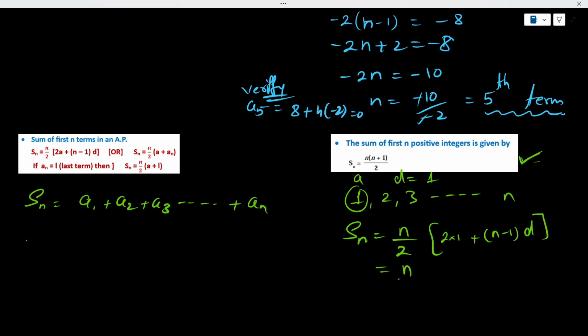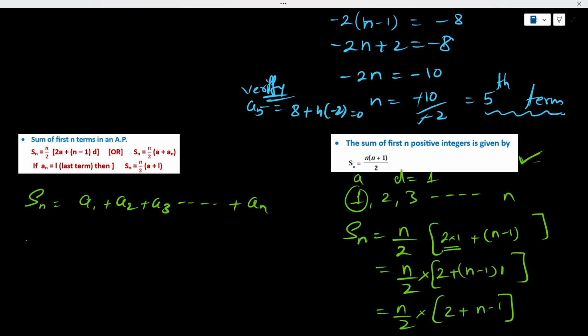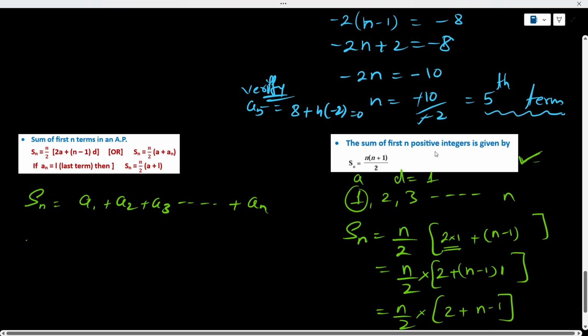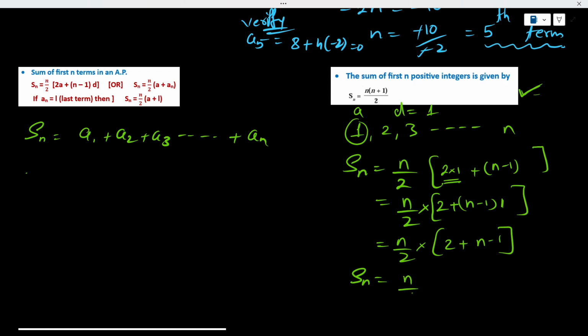So what is your formula? n by 2 times, substituting d as 1, n by 2 times (2 plus n minus 1), which is nothing but n plus 1. So the sum of integers is n by 2 times (n plus 1), because these two you can add, right?